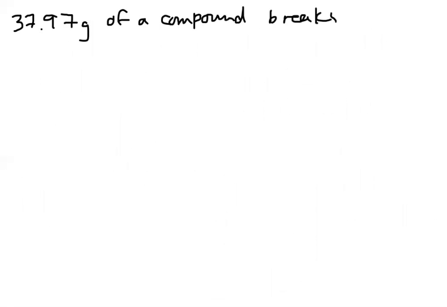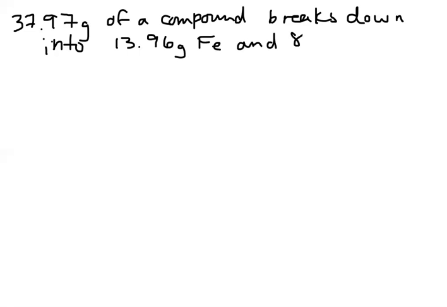But you can have more than 2 elements, and I might not always give you the mass of that last element. I might give you the mass of the compound and say it breaks down into these elements. So I would say 37.97 grams of a compound breaks down into 13.96 grams iron and 8.01 grams sulfur.